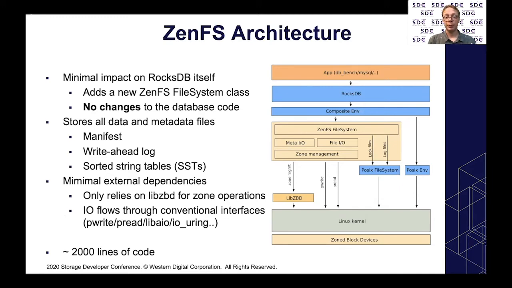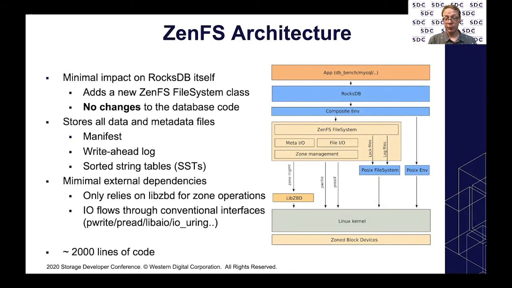It converts between sectors and bytes and has easy access functions to send zone management commands like reset, finish, open, and so on, and report zones. So it's just a really thin layer to access what's already available in the kernel.